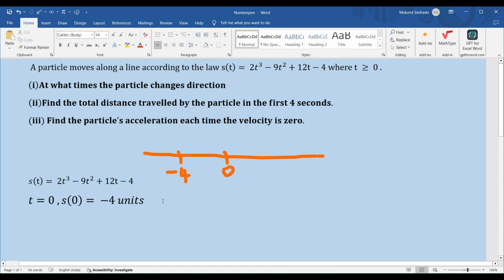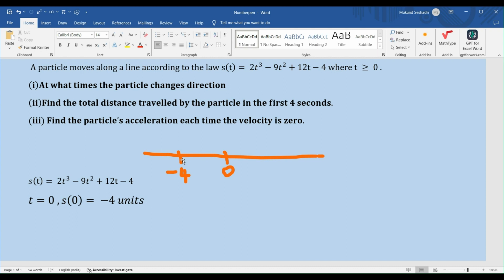So we've been asked to find at what time the particle changes direction. The way we understand this is, the particle starts from the point x equals minus 4, and I'm just calling it x. And it moves in a particular direction, and then it changes direction, if we go by question 1, and then probably it changes direction again and keeps changing direction as it moves through this particular line.